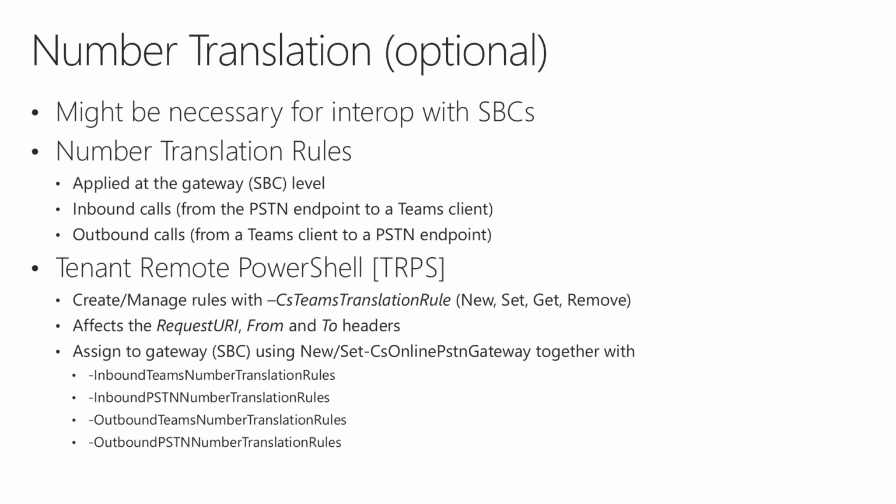You will then create these rules and assign them to the gateway. The rules get assigned to the gateway by utilizing either the New or the Set-CsOnlinePSTNGateway commandlet, and the parameters that I have listed at the bottom here let us know what direction the translation rule is going to apply. Is it inbound or outbound? And whether we're going to operate on the Teams number or the PSTN number for that particular translation rule.